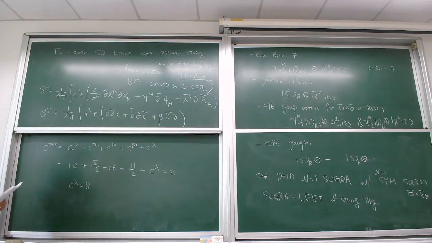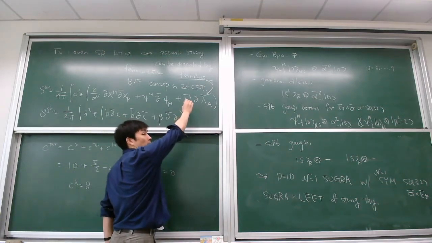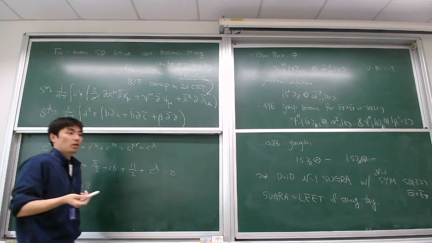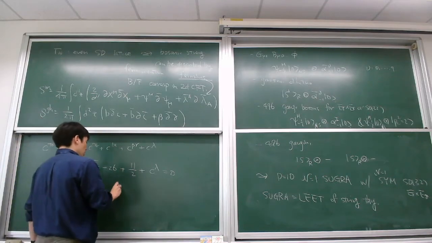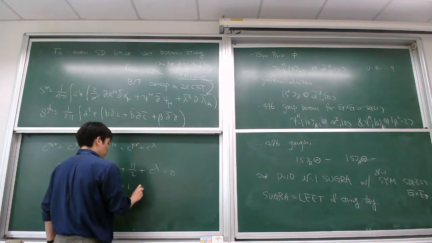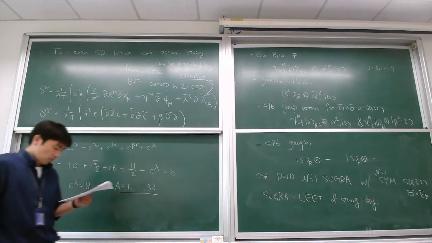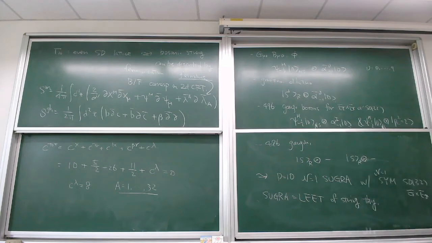Then we know that under the holomorphic fermion, each fermion has 1/4 contribution. To get C lambda equal to 8, A should run from 1 to 32. Again, the magical number 32 shows up. 32 is 2 to the 5, and so on.